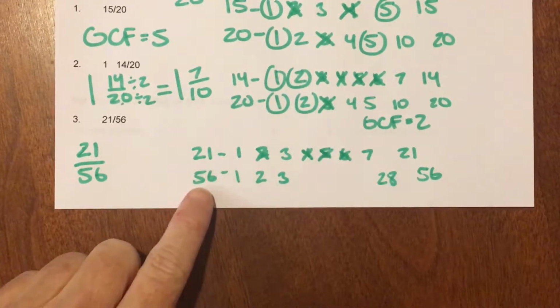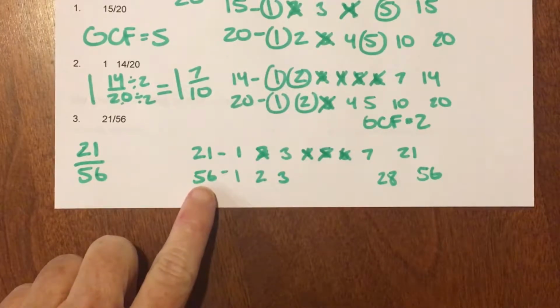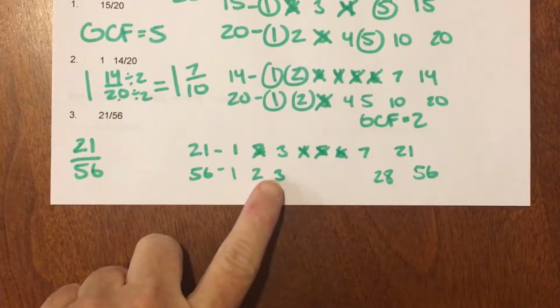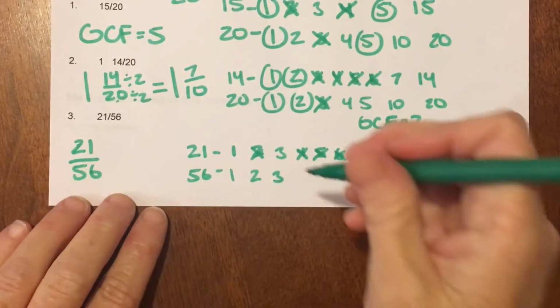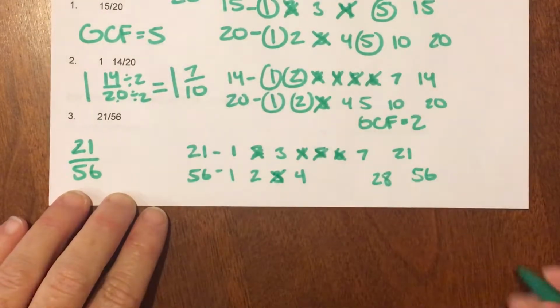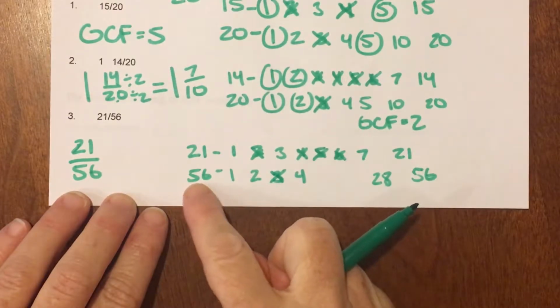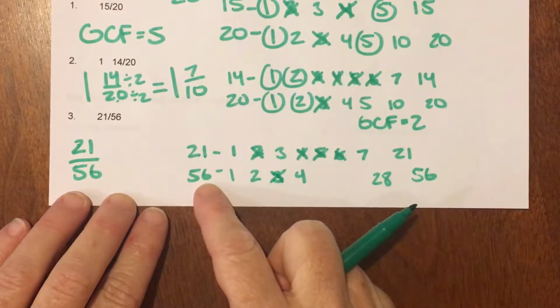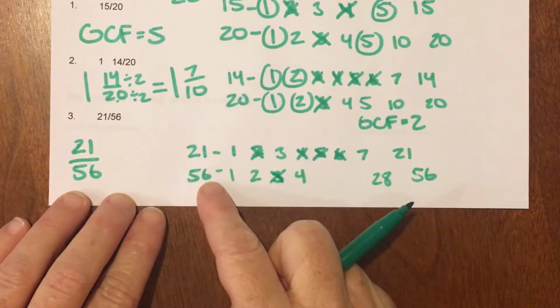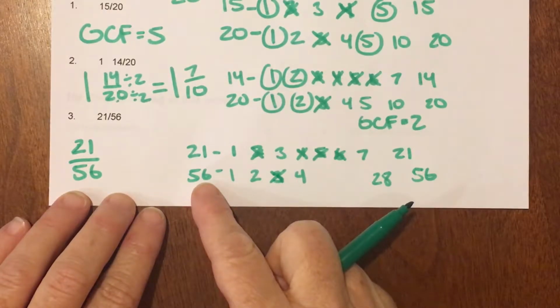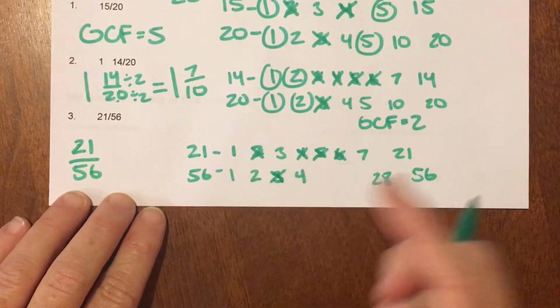3, I know 3 doesn't work because if you remember your divisibility rules, 5 plus 6 is 11, so 3 won't work. 4 times anything gives me 56? Let's see. Well, 4 times 10 is 40, 4 times 11 is 44, 4 times 12 is 48, so it'd be 52 and 56, so it is 14.